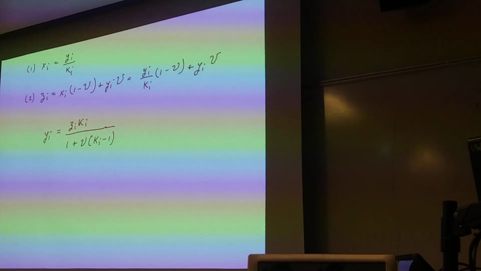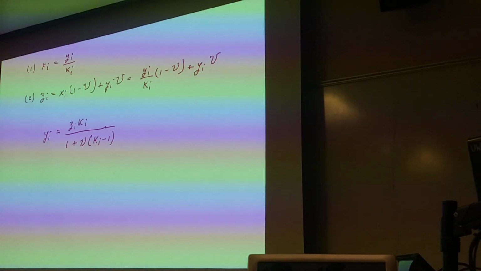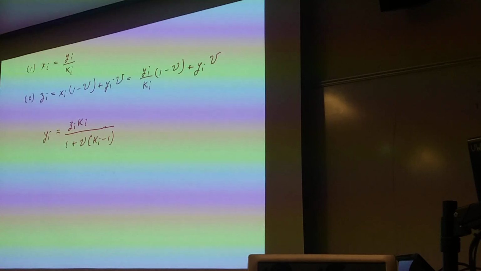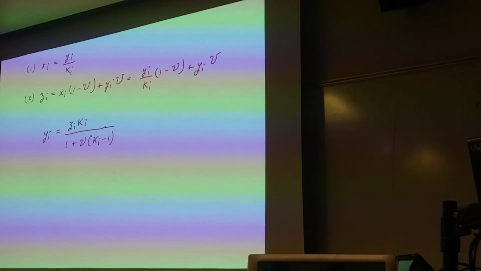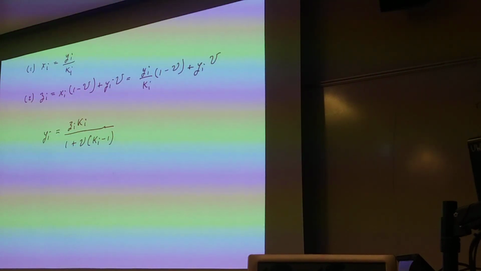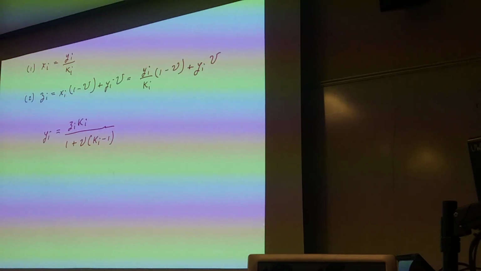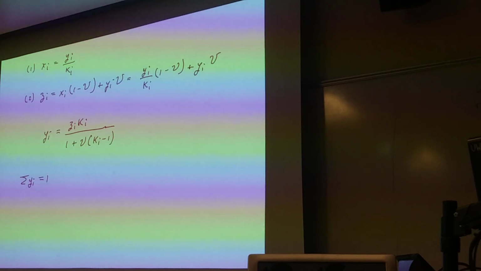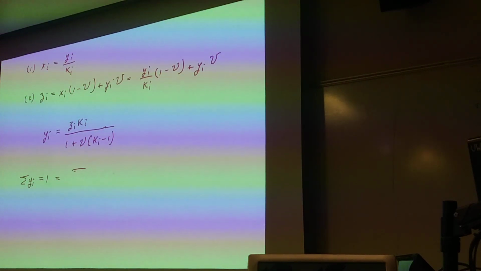Now, we don't have the composition in either of the phases, so we can work with whichever one we want. I've chosen to work here with a vapor phase composition, but I could have formulated in terms of the x's as well. But now we proceed towards solving the problem by requiring that the sum of these yi's equals 1. And if I write that out, that looks like this.